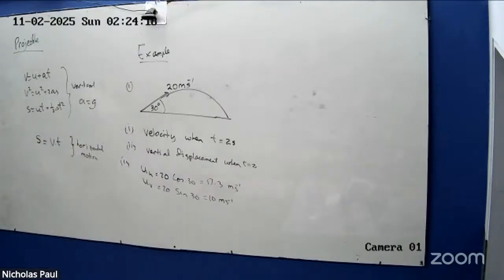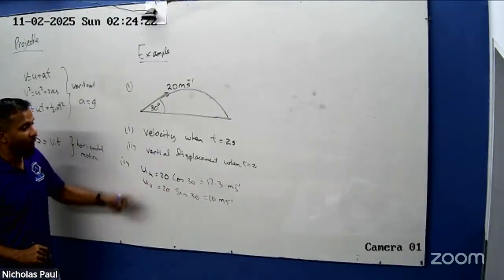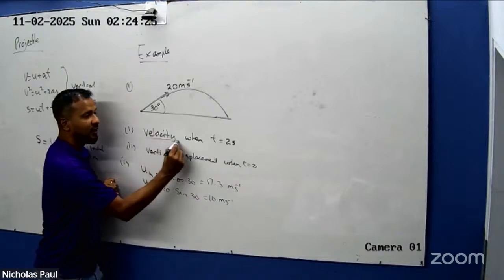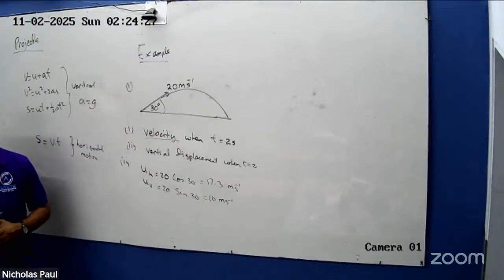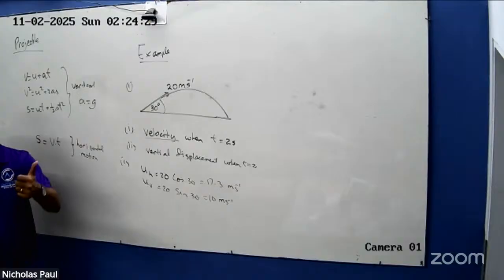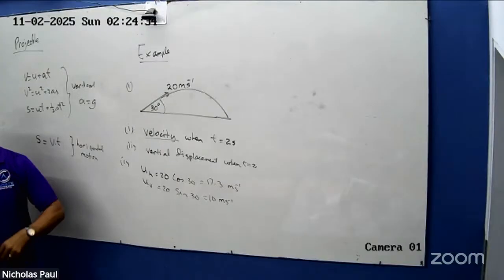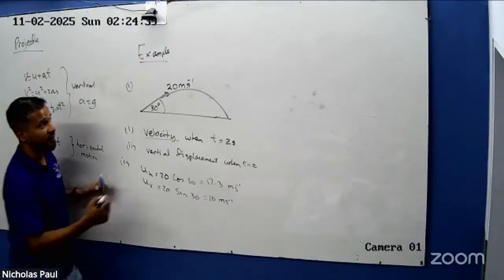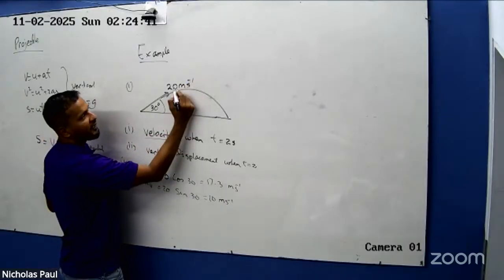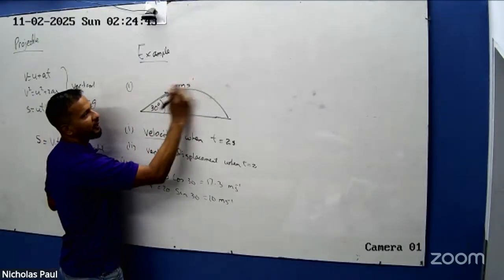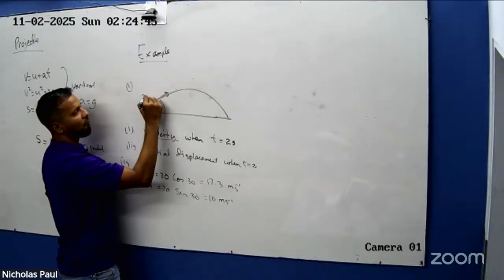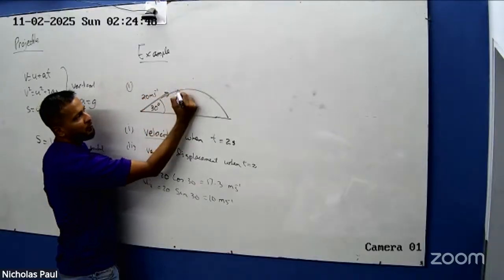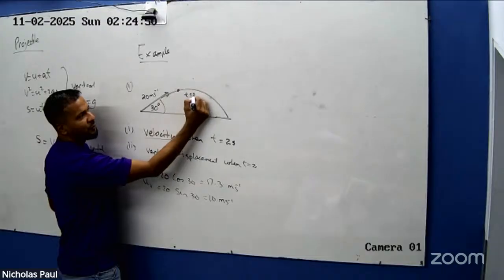So Joseph, you again. I want to find the velocity when t is 2. What are they asking for? Are they asking for the horizontal component, the vertical component, or a combination? A combination. Here we go. So let's pretend somewhere here is when t is 2.